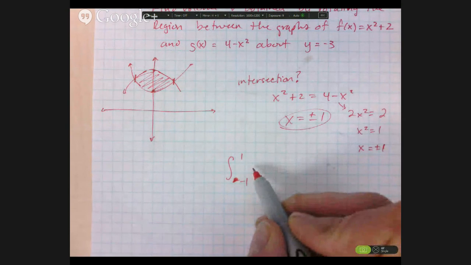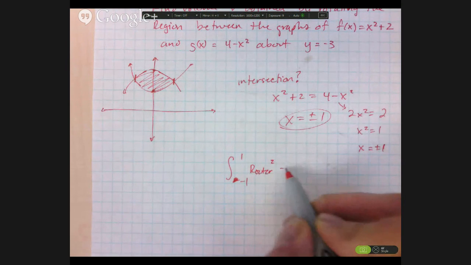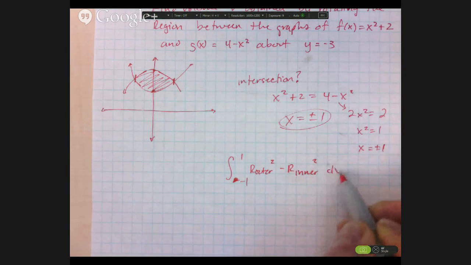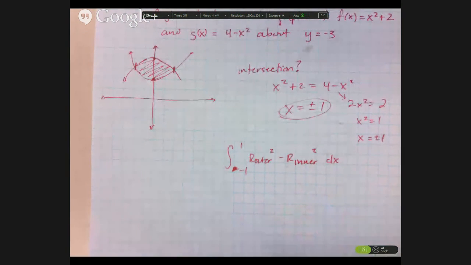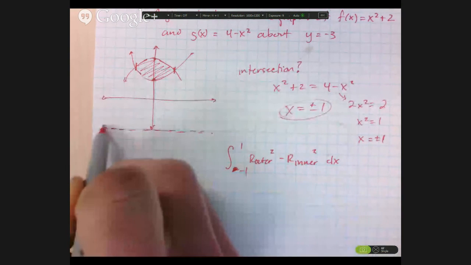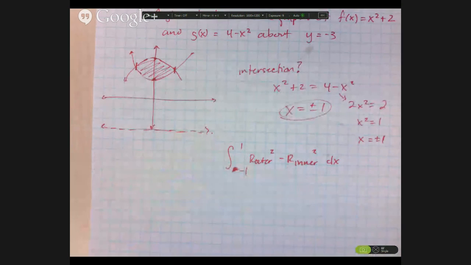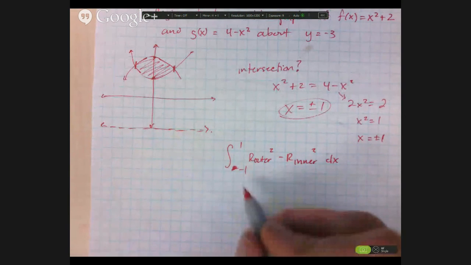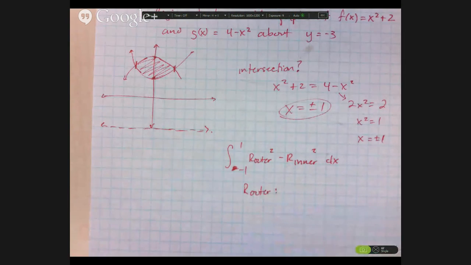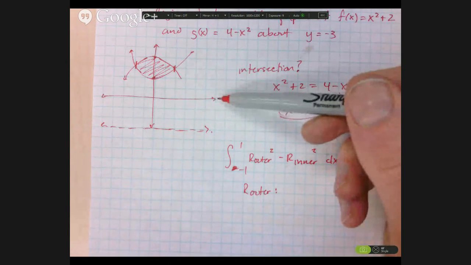When we did washers yesterday, it was r outer squared minus r inner squared, right? The question is, if we have this line we're rotating around, what's our outer radius? Okay, we're used to using the x-axis, right?